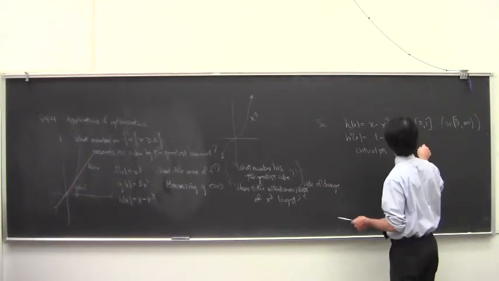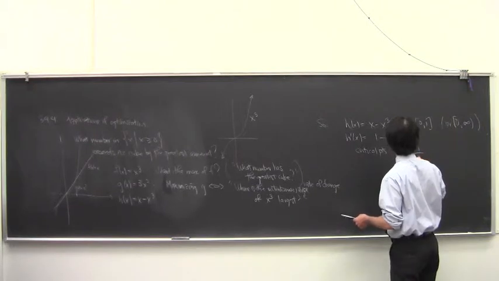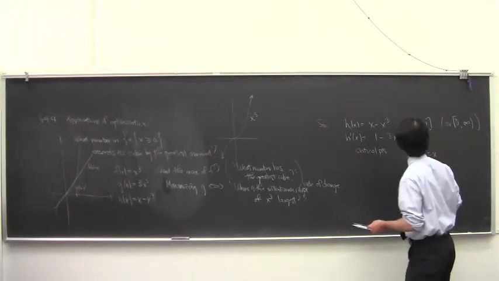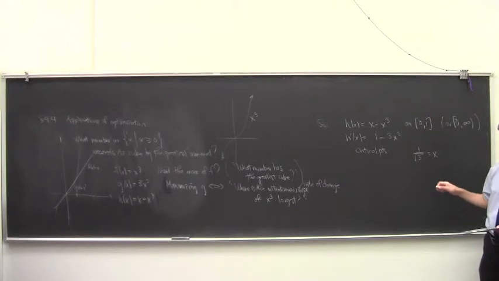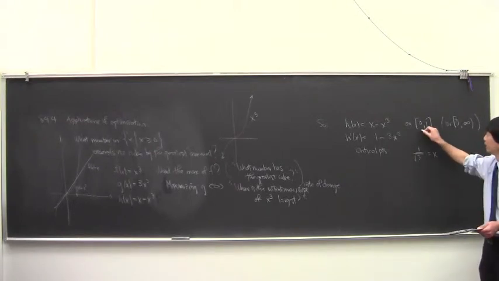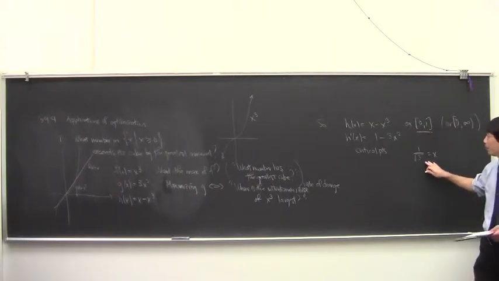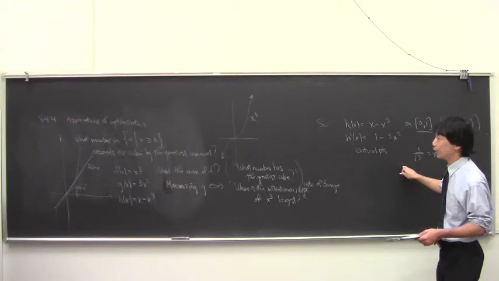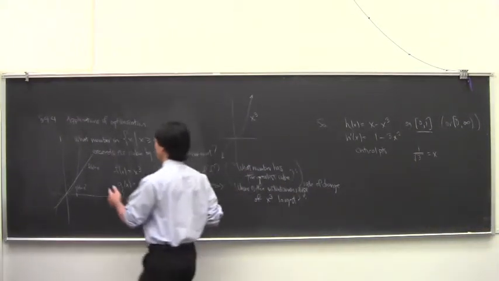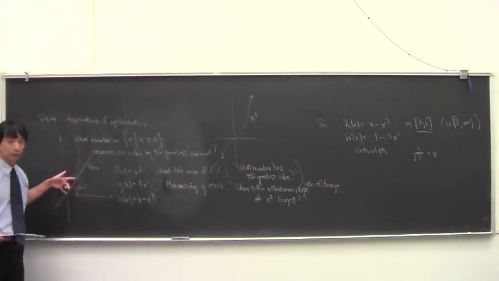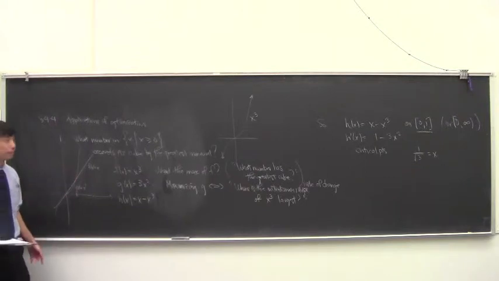So we want 1 over root 3. It should be plus or minus, but we only want the positive one because we're dealing with the non-negative numbers. Right. And it's also 0 and 1, but we can see that at 0 and at 1 the difference is 0.